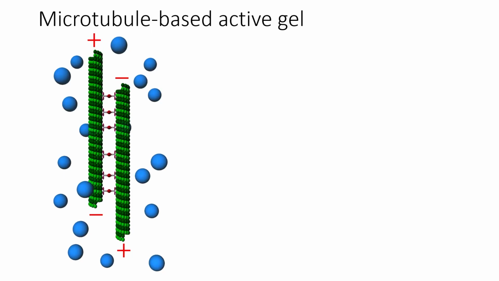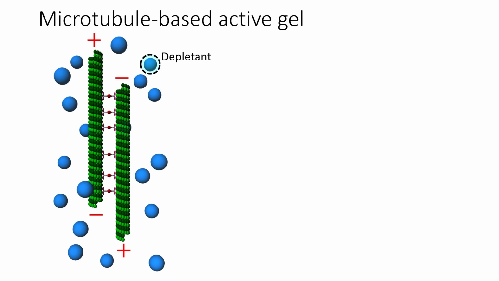Our active matter system contains three major components. The first component is microtubules. We extracted microtubules from animals and we suspended them in our test tubes. The second component is depleting polymers.